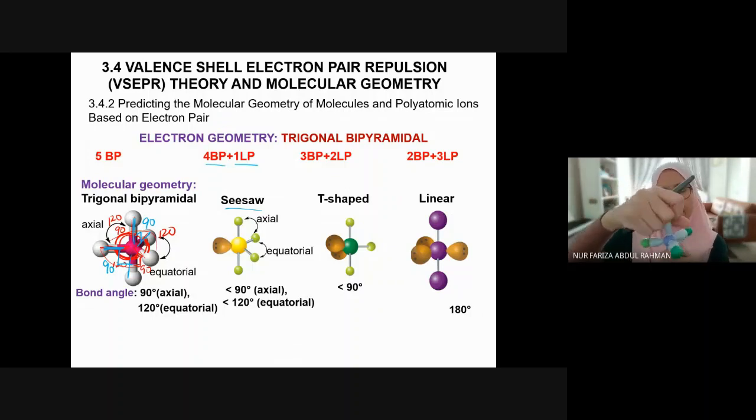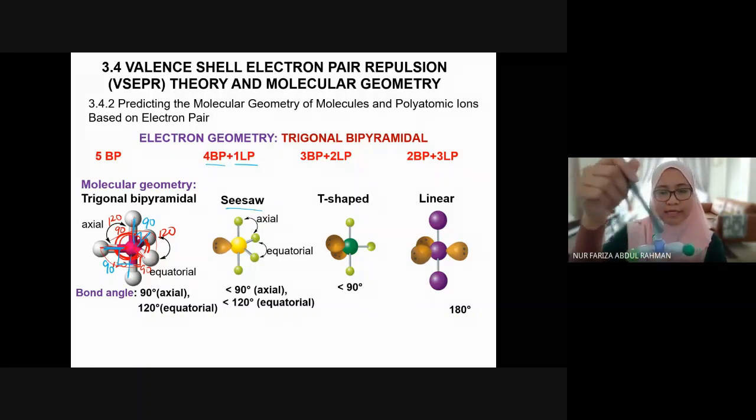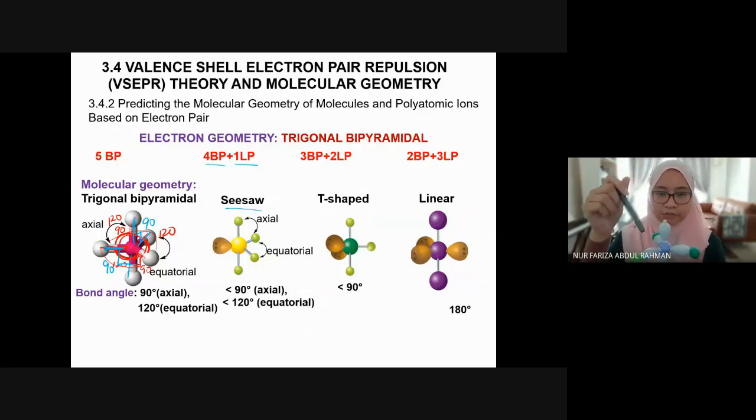Okay, so let me show once more. Suppose, okay, let's say I place the lone pair at the axial position. So imagine how many electron groups will experience the repulsion. So all the equatorial parts will experience more repulsion for this lone pair placed on the axial position.